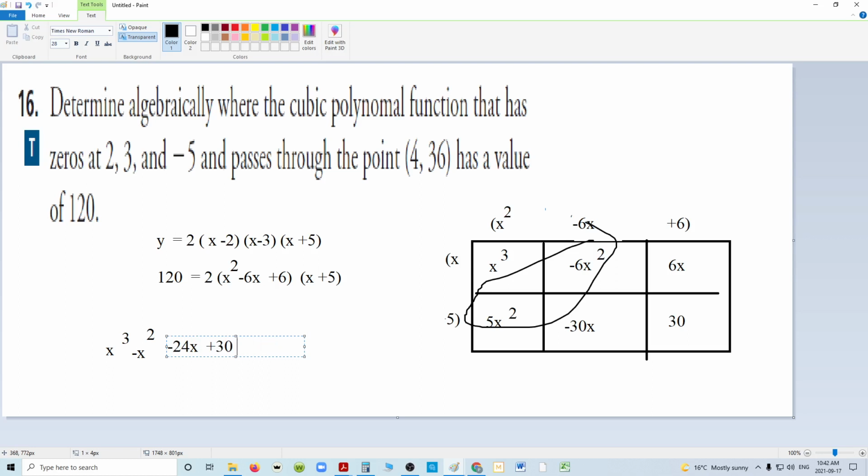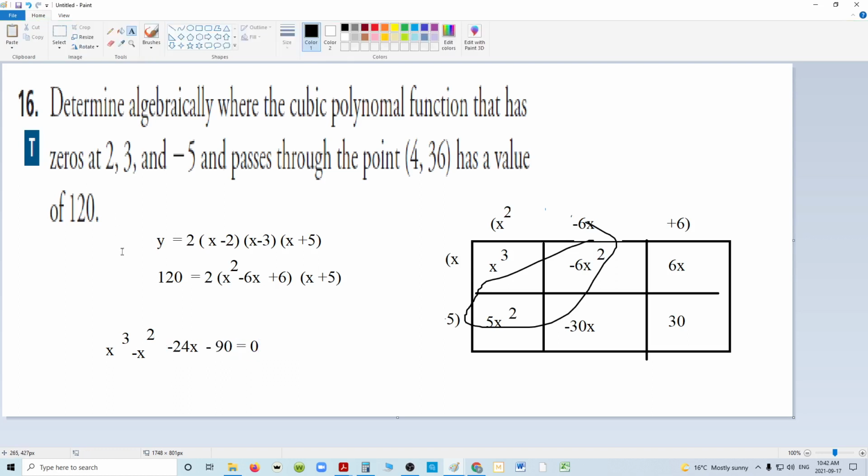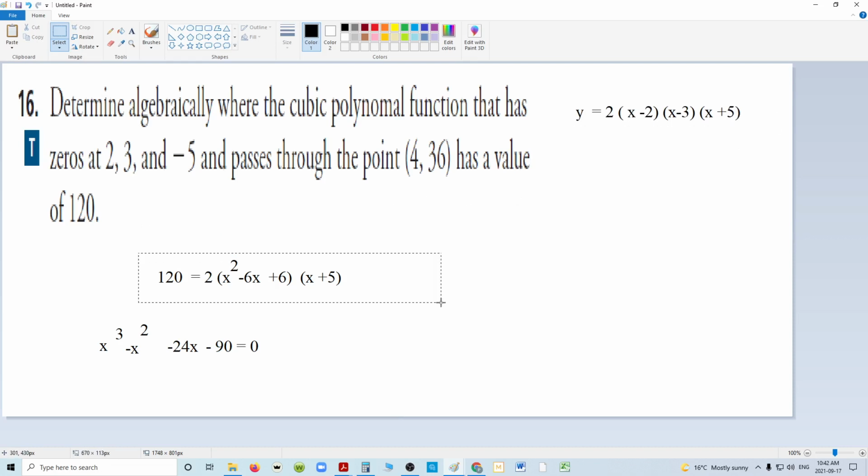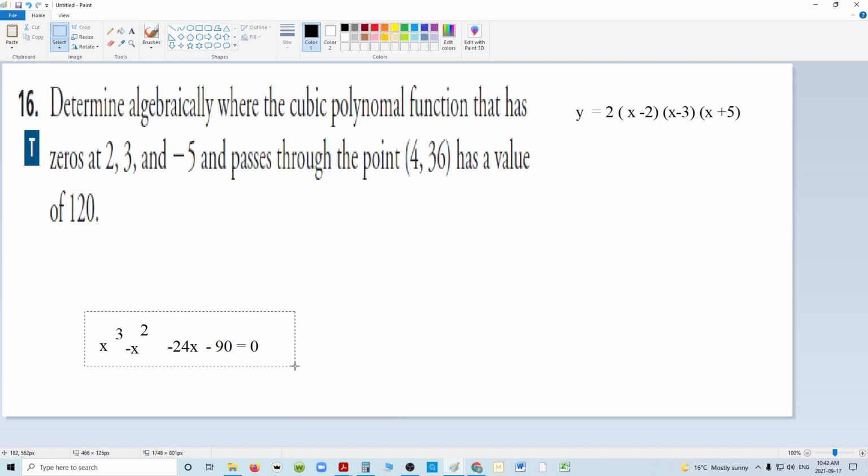When I bring the 120 to this side, I'm left with minus 90 equals 0. So now they want me to find out what is the point of x that will create a 0 here. So we're just going to put this aside because that's the equation. And we're going to do this.